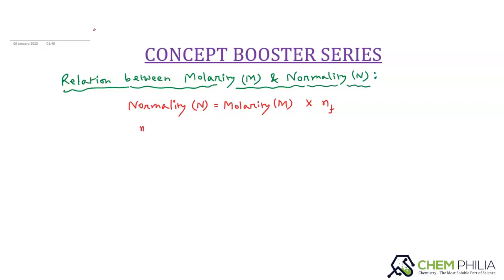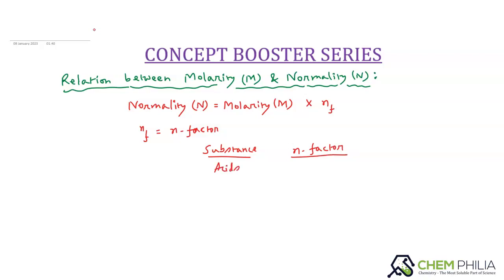Now what is NF? NF is called N factor. Remember, depending on the nature of the substance you have taken, whether it is an acid, base or salt, the N factor is different. So here let us write the substance, and here let us see what the N factor is.